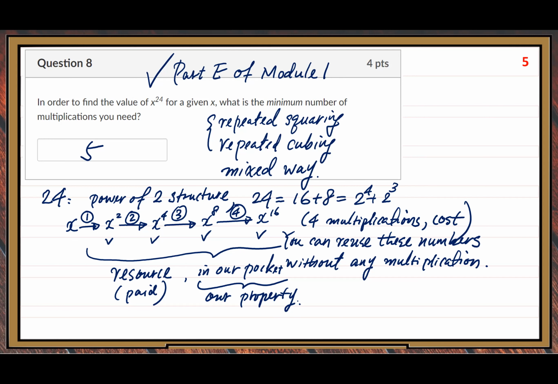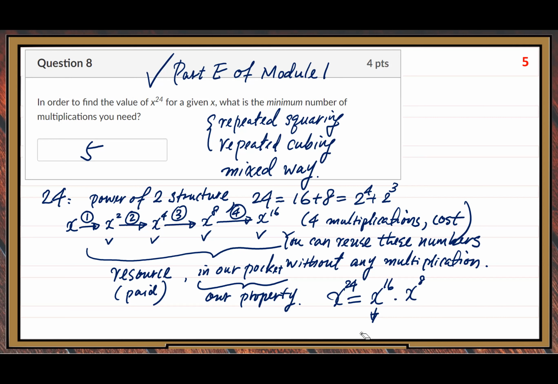So here, that means x to the 24th equals x to the 16th times x to the 8th. When you use x to the 8th, no multiplication is needed.